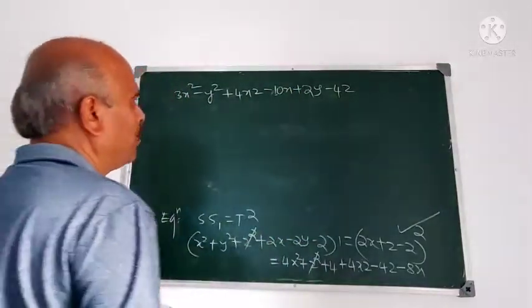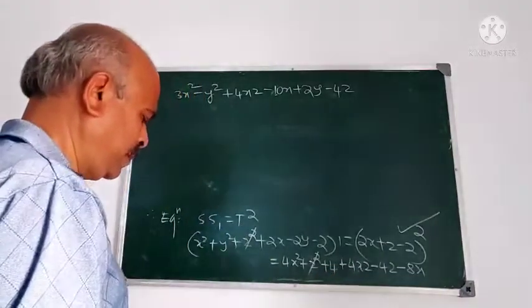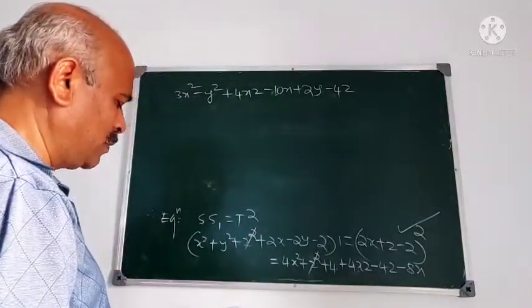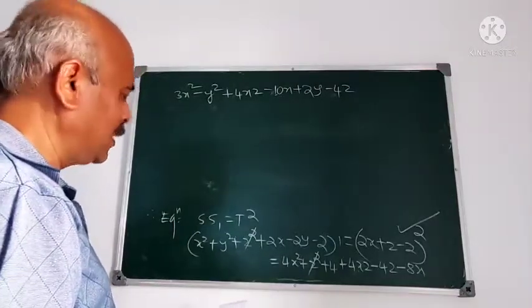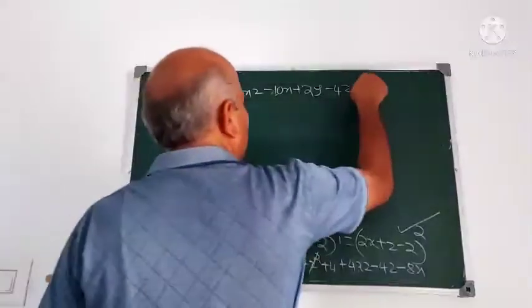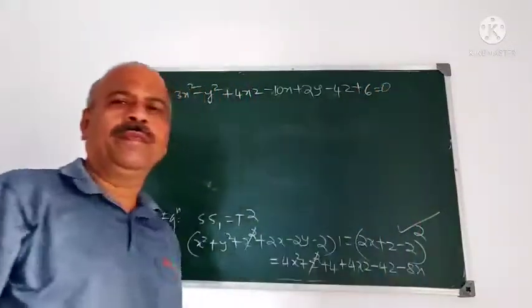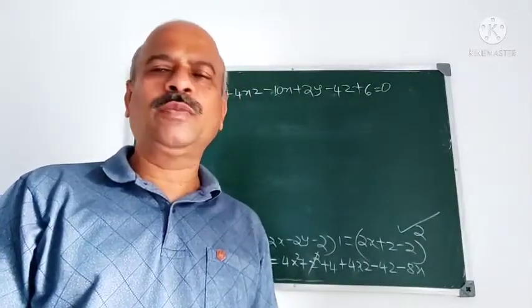Minus 10x, minus 4z. What is the constant term? 3x square minus y square plus 4xz minus 10x plus 2y minus 4z. The constant term is plus 6 is equal to 0. This is the equation of the enveloping cone of the sphere.